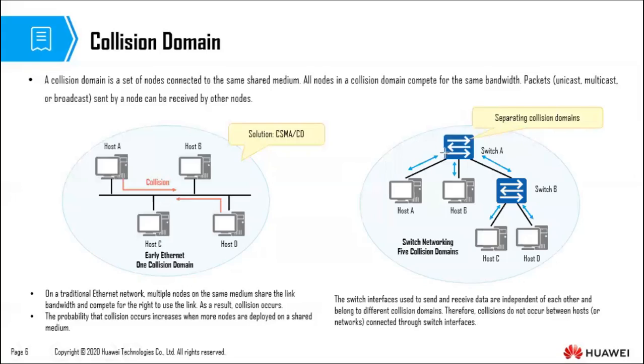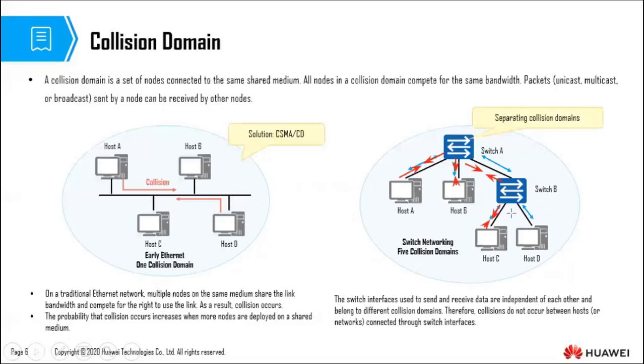So of course, I just want to reiterate that with switches, collision can only occur between individual interfaces. Are you seeing that? Between individual interfaces. We can only have collision here, and therefore we totally reduce the chances of collision ever occurring. We only have the possibility of having a collision.